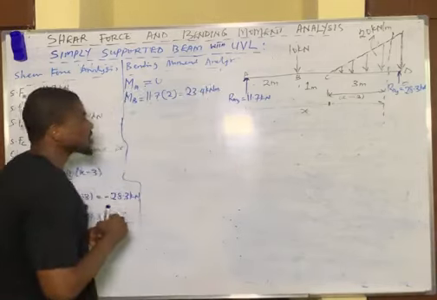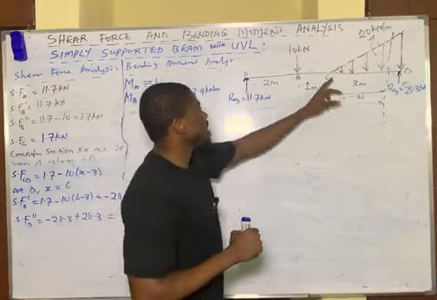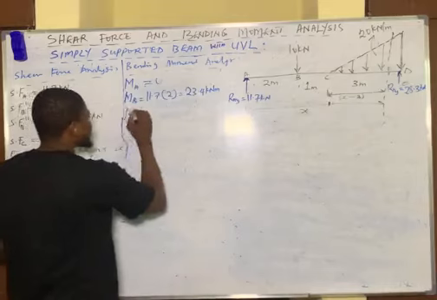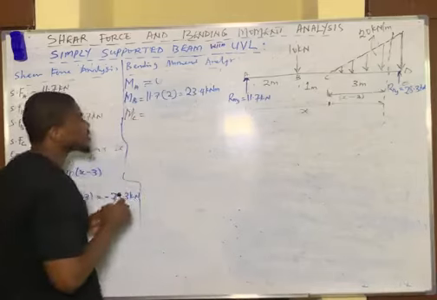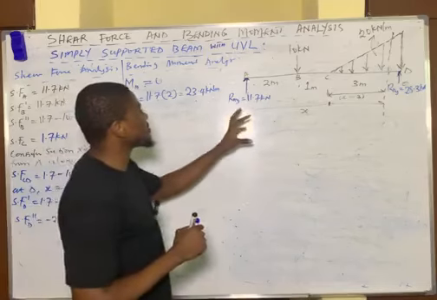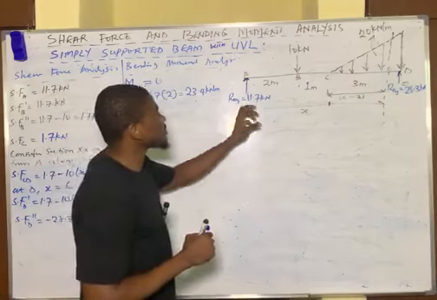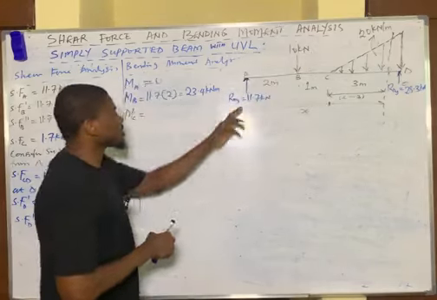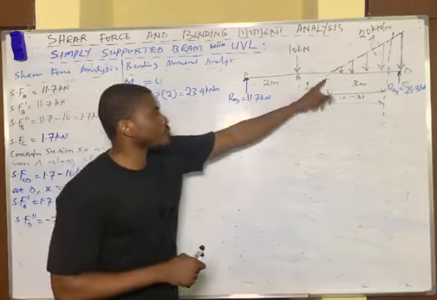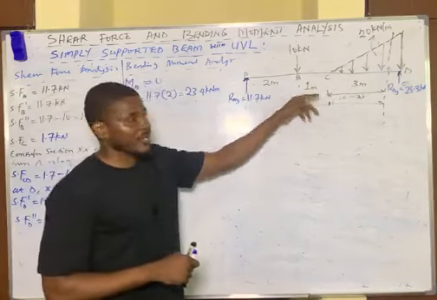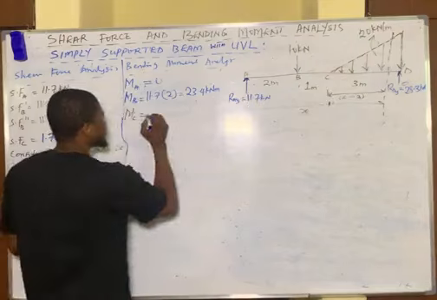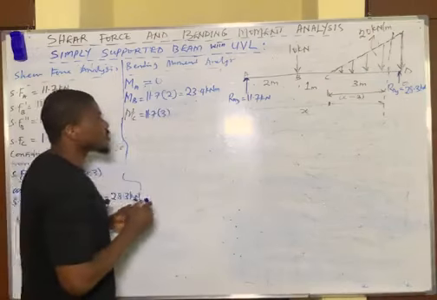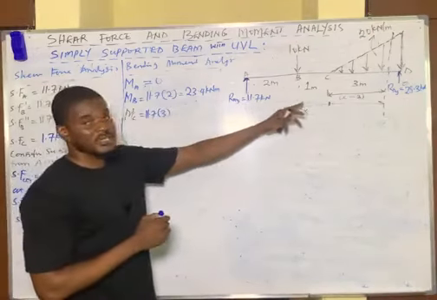Next, we find the moment at point C. Once again, we simply take the moment of the 11.7 kilonewtons force and the moment of this 10 kilonewtons force about point C. For the 11.7 kilonewtons force, total distance it takes to get to point C becomes 2 plus 1, which is 3. So you simply have 11.7 multiplied by 3. Since it's pointing upwards, the moment is positive about that point.